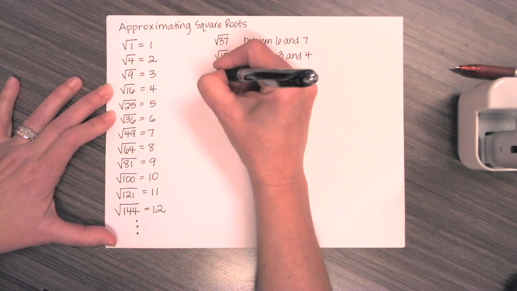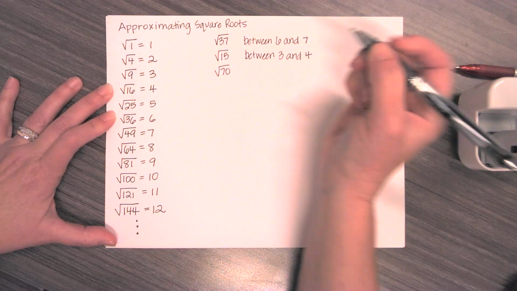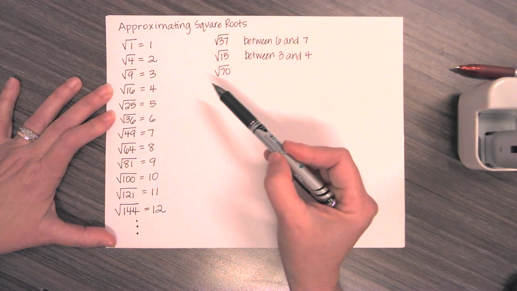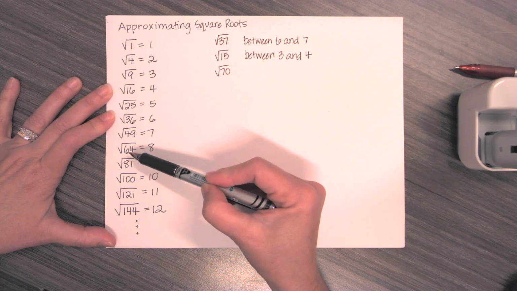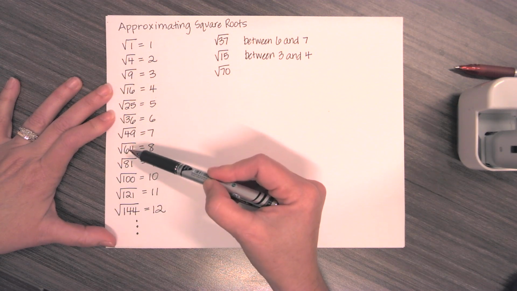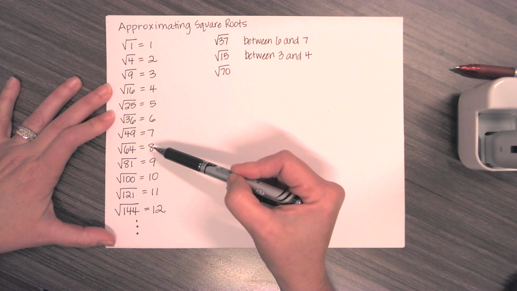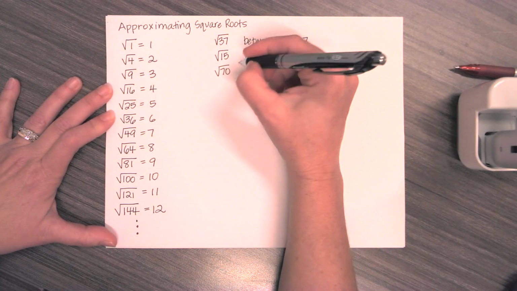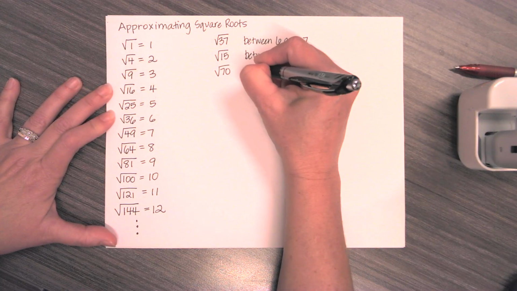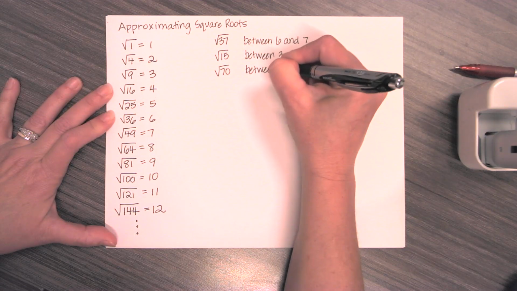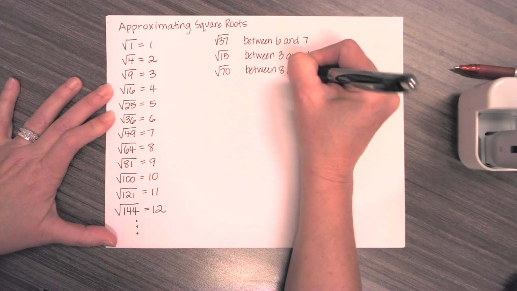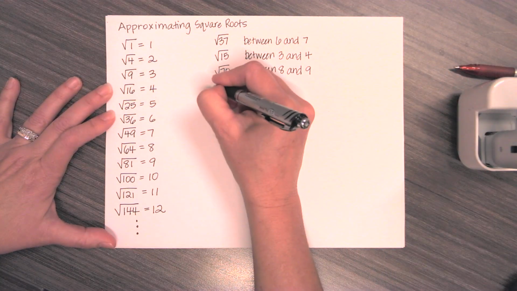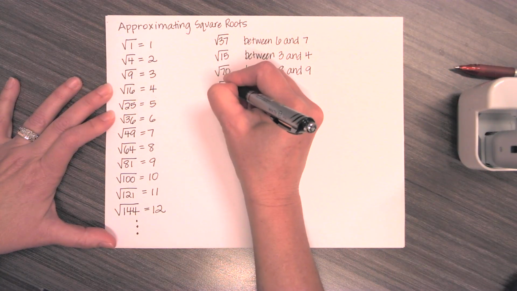All right, if we had the square root of 70, we would look at our list of perfect squares. The square root of 70 would fall down here between these two, so the answer to the square root of 70 would fall between 8 and 9. Do one more. How about the square root of 110?